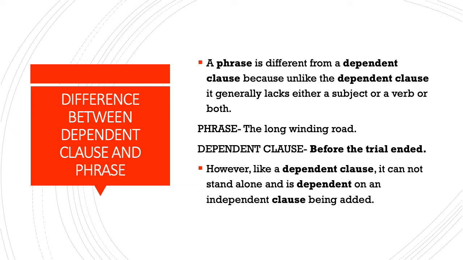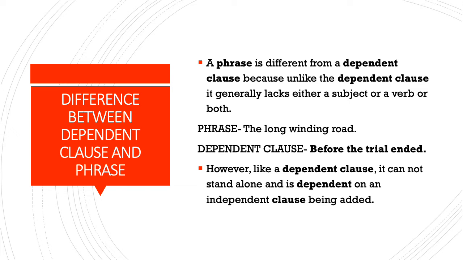So see this example phrase, the long winding road. We are talking about a road, but we are not seeing what the road is doing. There is no verb to support the subject. Okay, subject meaning road. Dependent clause, before the trial ended. So see, trial is the subject, ended is the verb, but before the trial ended, what happened? Is the meaning complete?